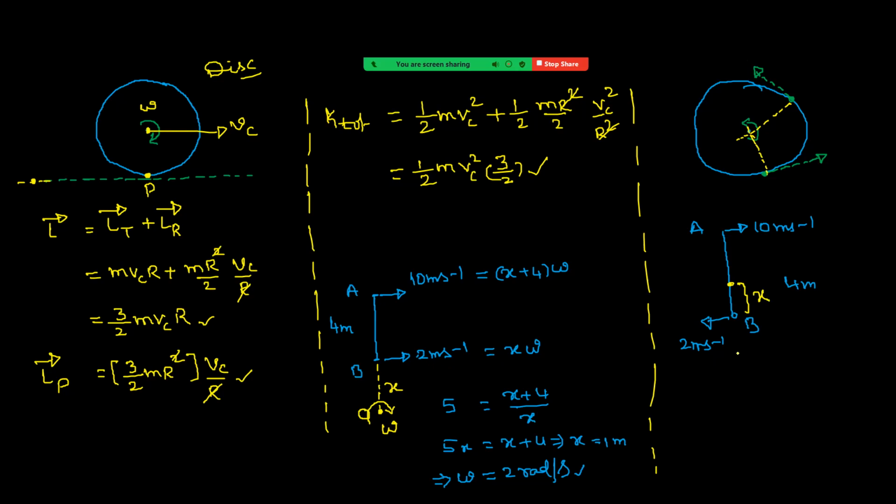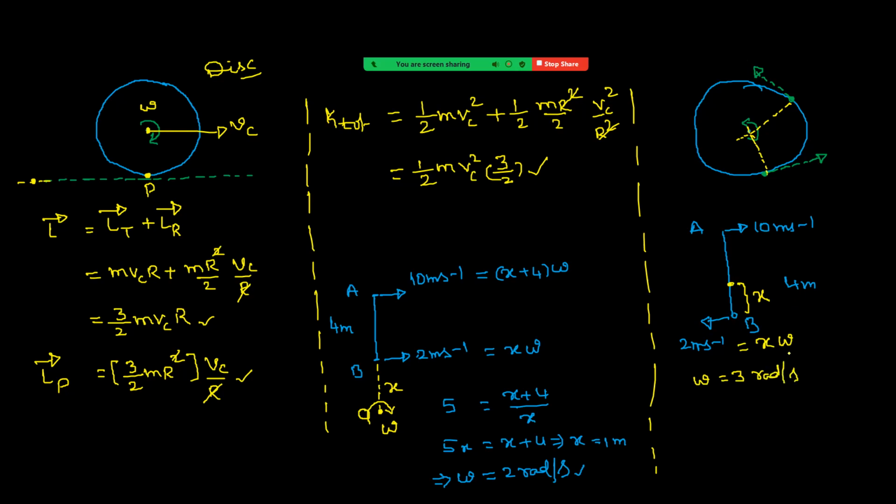We can write 2 meter per second is equal to x omega. So we can find omega directly by using relative velocity and then the separation between them, right? See, relative velocity: 10 and this is 2, directions opposite. So relative velocity is 12 meter per second. Separation is now 4. 12 by 4 is 3. So the omega value is 3 radian per second.